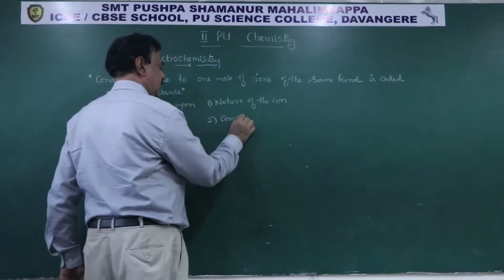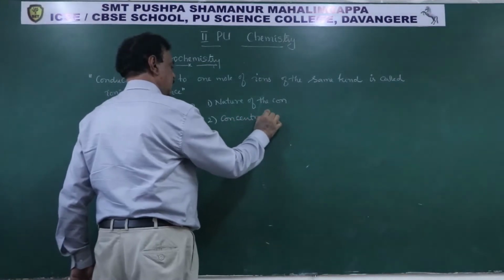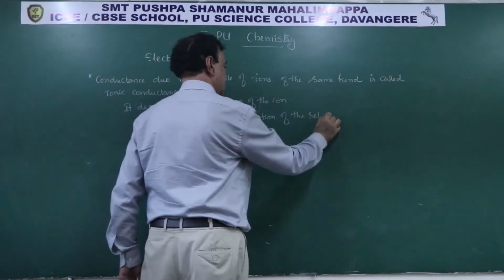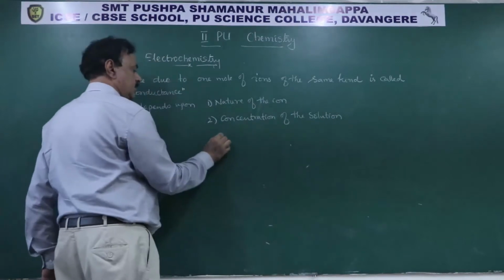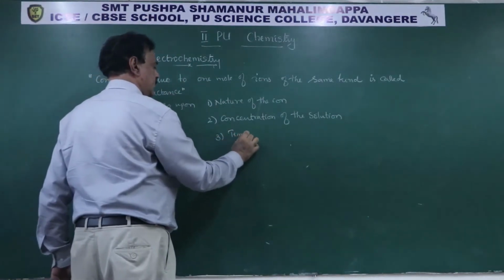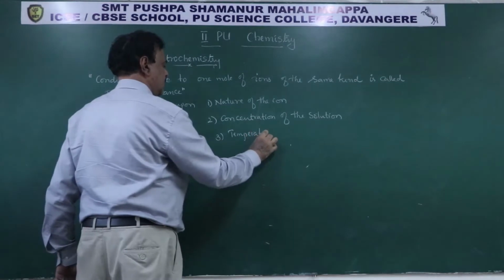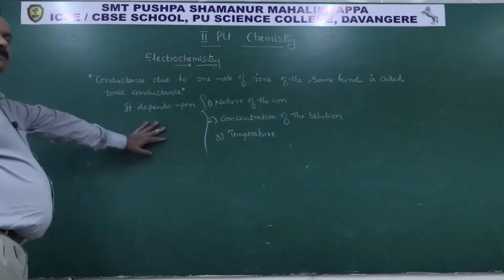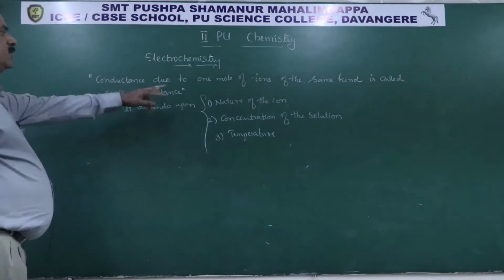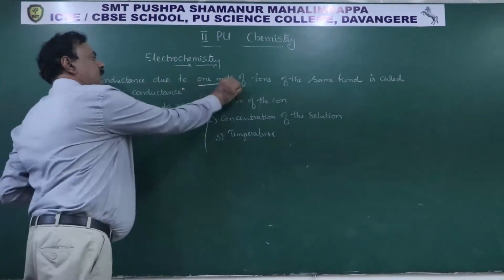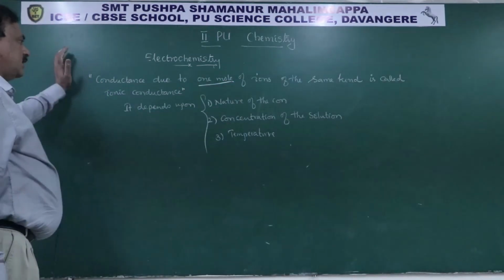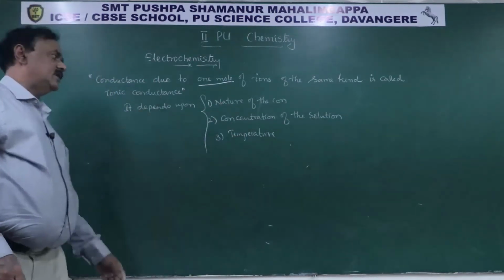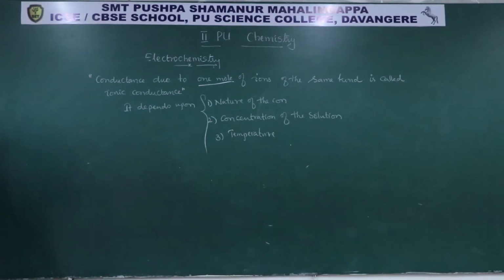So, what is ionic conductance and what factors affect its value? Conductance due to 1 mole of ions of the same kind is called ionic conductance. It depends upon the nature of the ion, concentration of the solution and temperature.